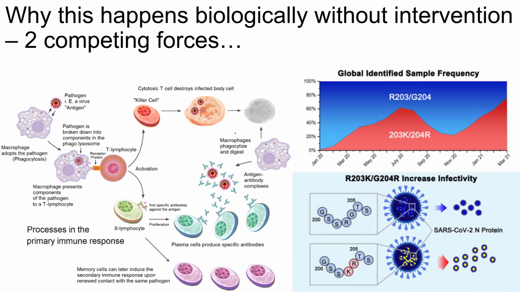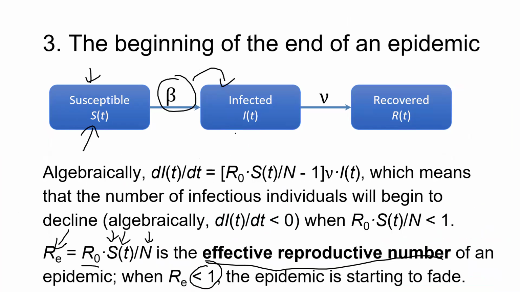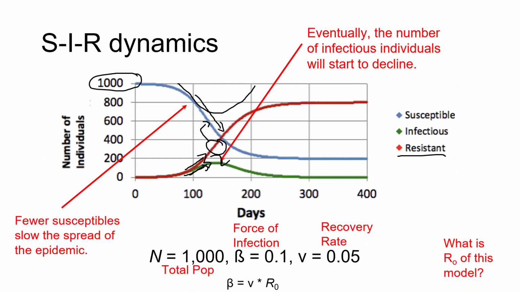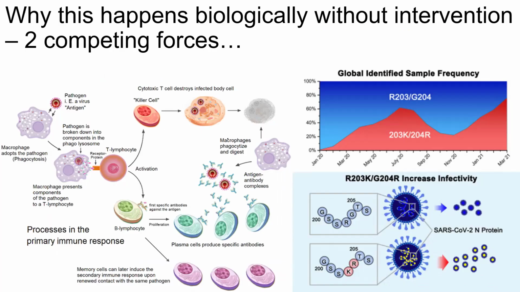So now this occurs for two different reasons, right? One really important reason why you have this type of curvature biologically is because over time, especially with something like a virus, viruses mutate.